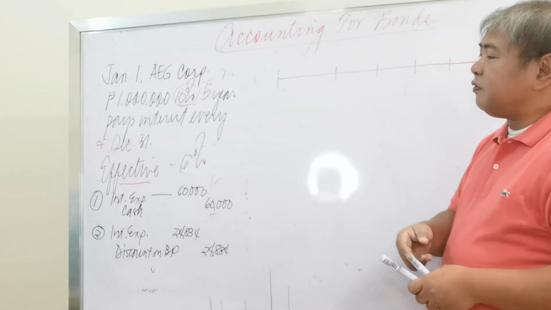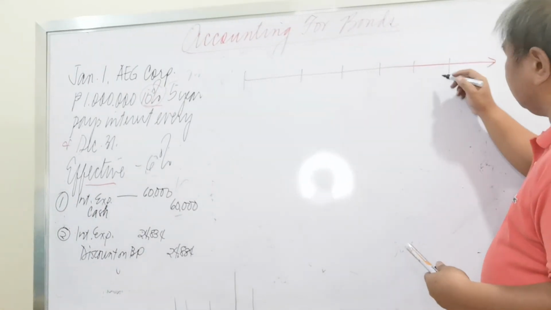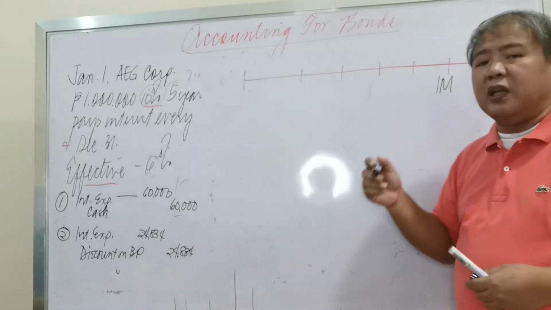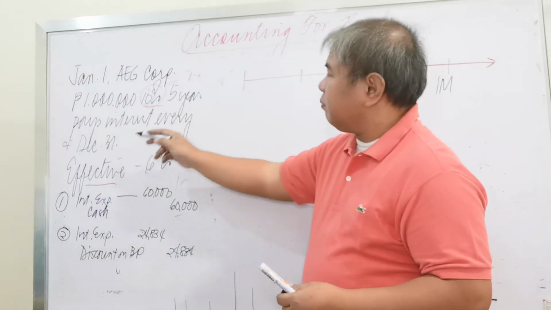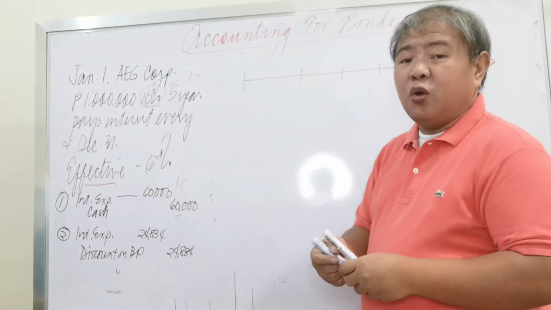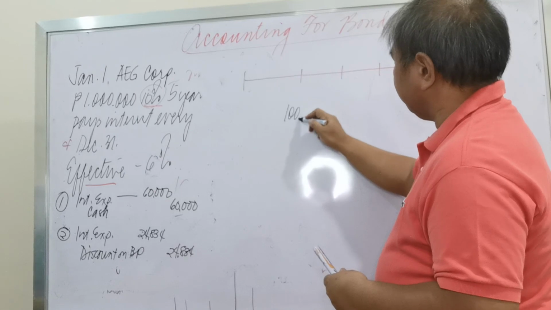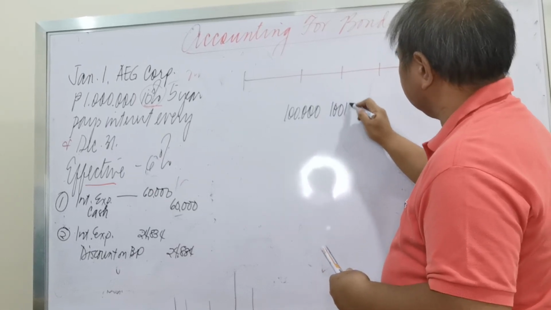And at the end of the 5 years, he will have to pay the 1 million principal. Now what about the periodic payment of interest? He will have to pay 10% of 1 million, that is 100,000, every December 31st. So this is 100K.